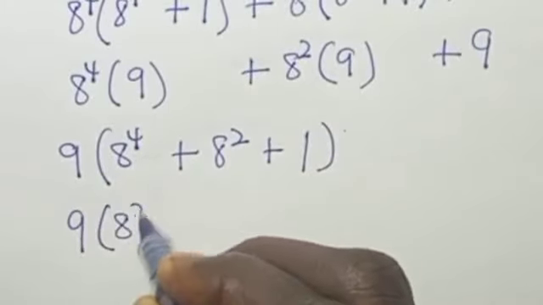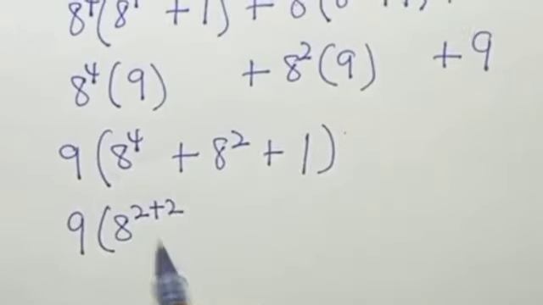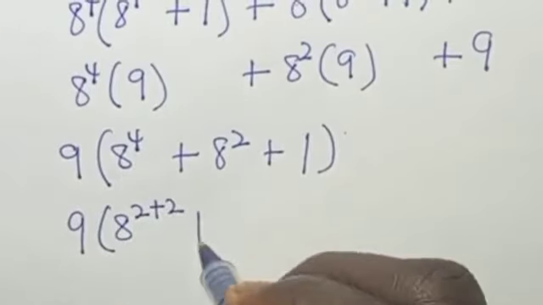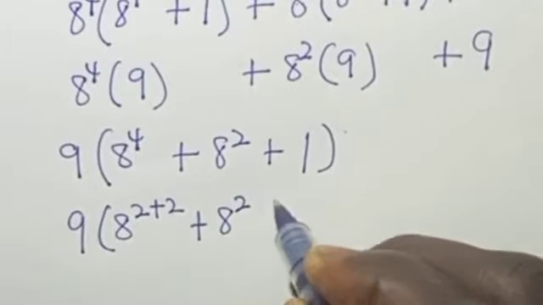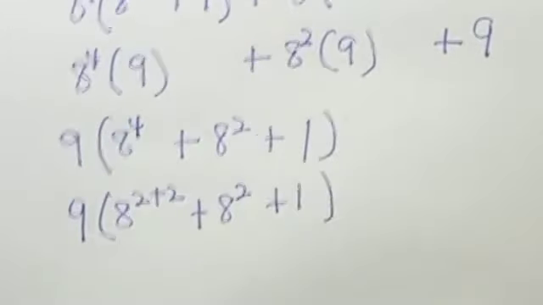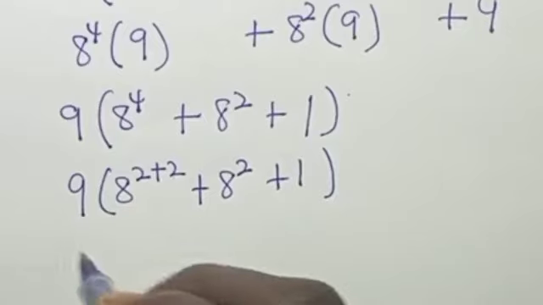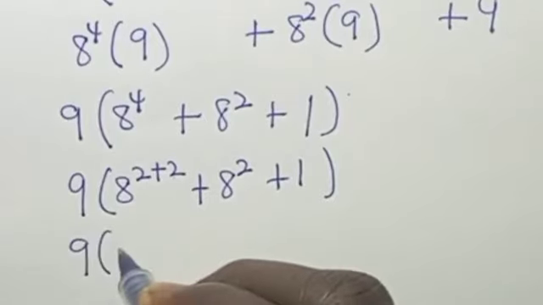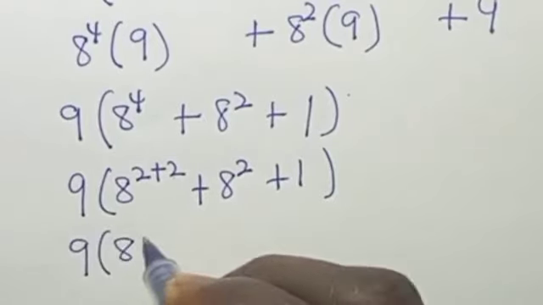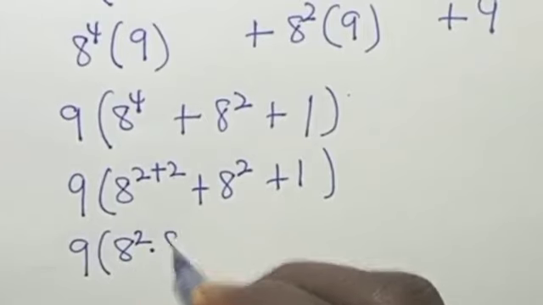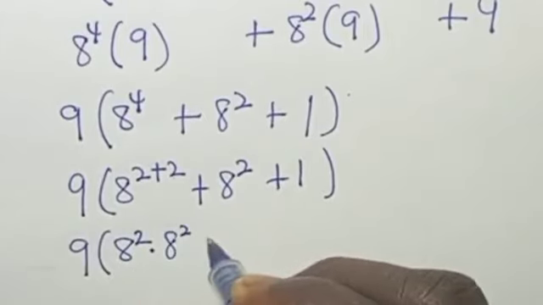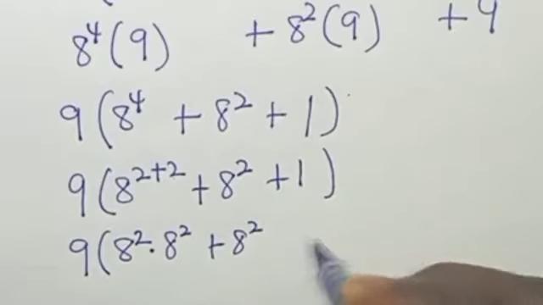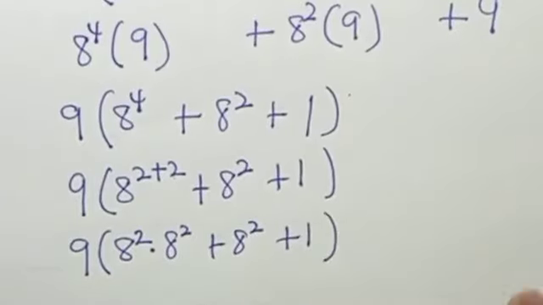So here we can write as 9 into 8 raised to power 2 plus 2. 2 plus 2 is 4, plus 8 raised to power 2 plus 1. And if we do this very well, we have 9 into 8 raised to power 2 times 8 raised to power 2 plus 8 raised to power 2 plus 1.